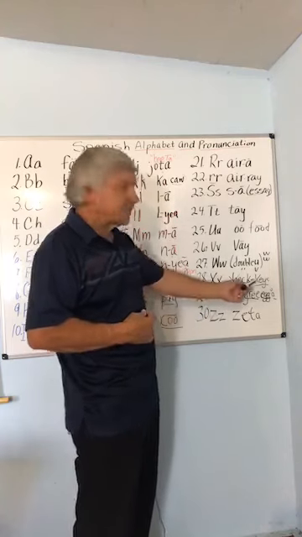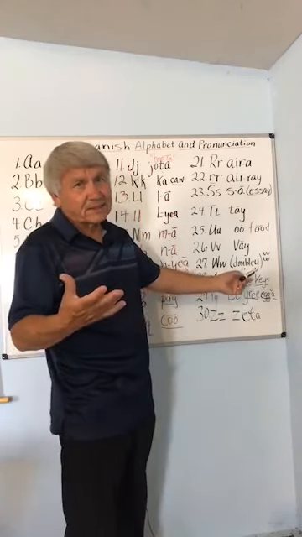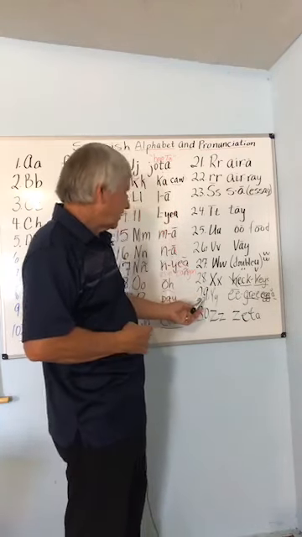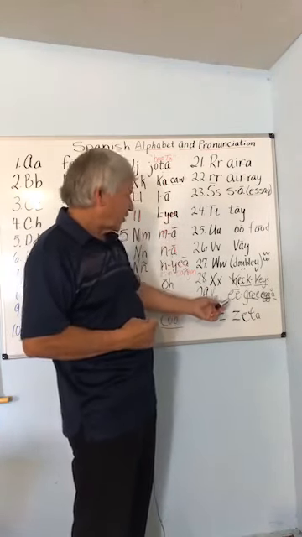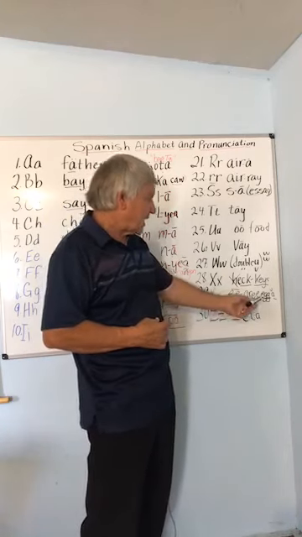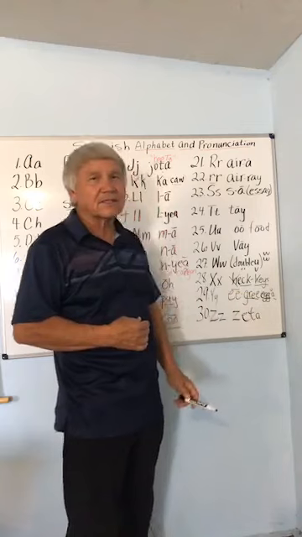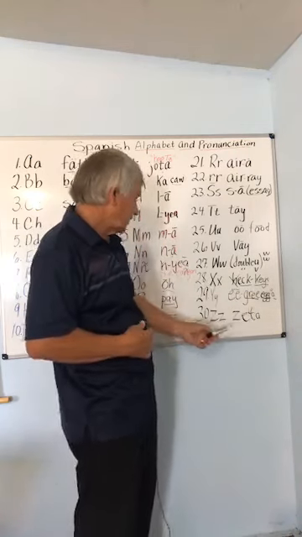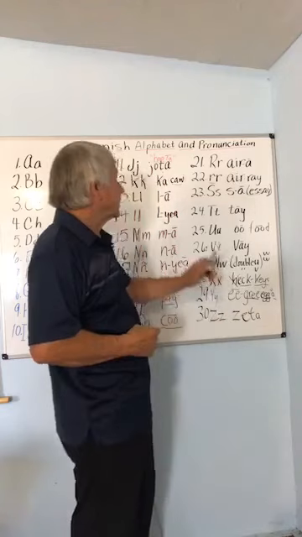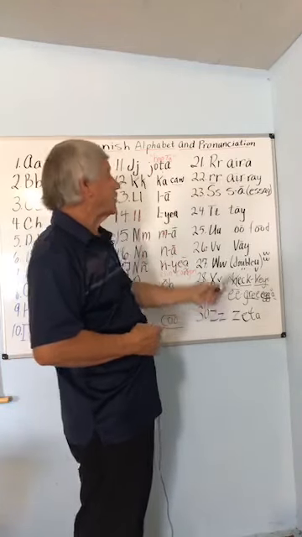28, X. Okay, X. All right. 29, this is the hard one. The Y. Ye griega, okay, and then the 30, zeta, okay. Now let's go over all of these again together, all right.